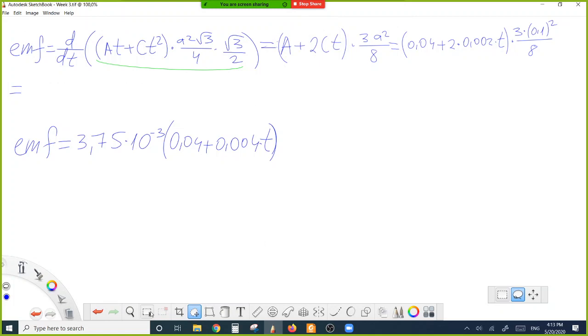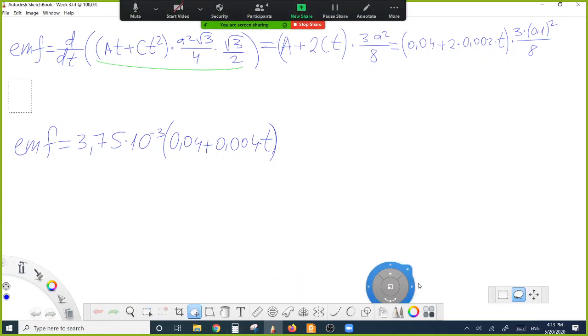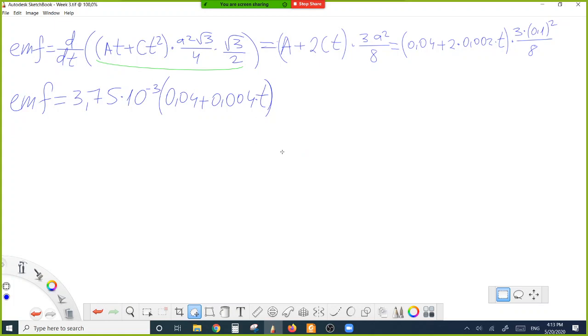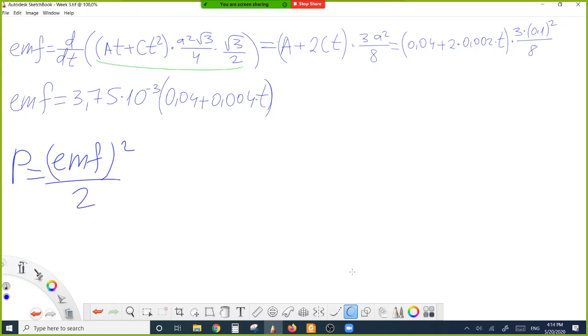Okay. So, let's define the expression of power. Power is equal to electric motive force squared divided by R. R is the resistance of our loop.